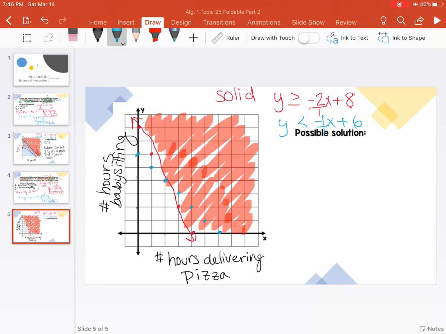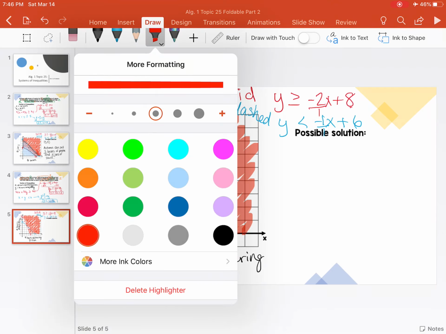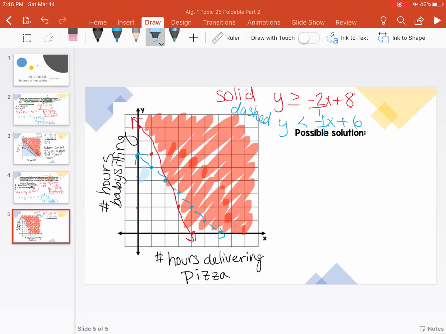And because we have just less than, this is going to be a dashed line. So we're going to connect this with a dashed line. And again, since y is less than, when shading, we're going to shade below.